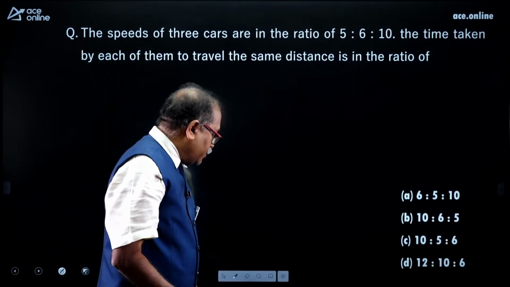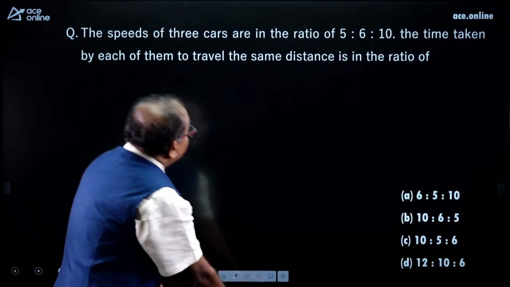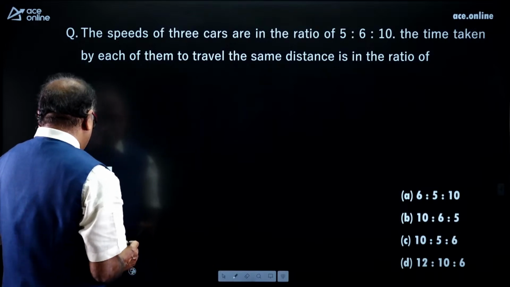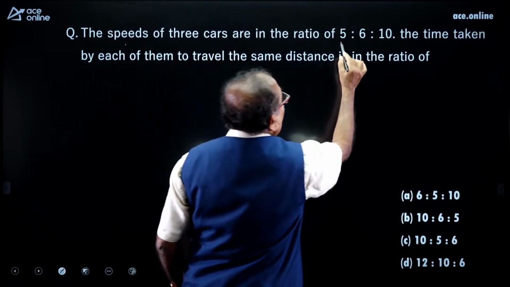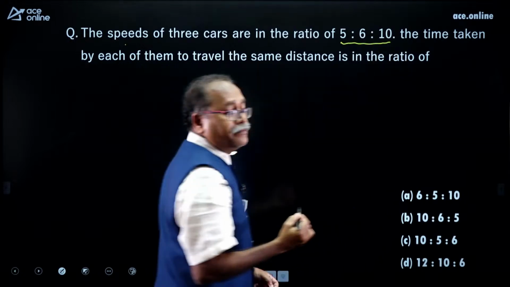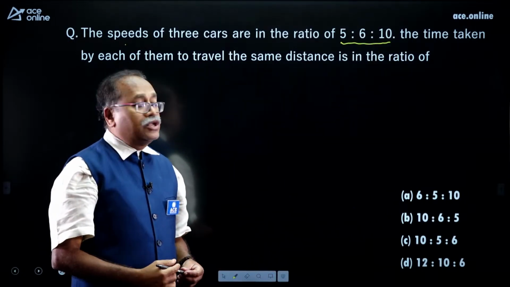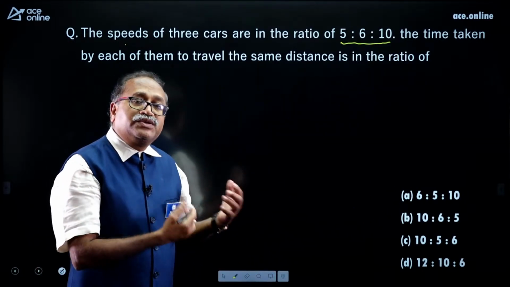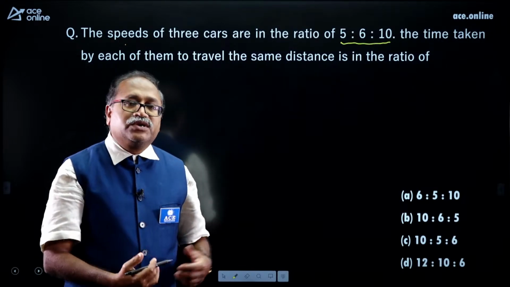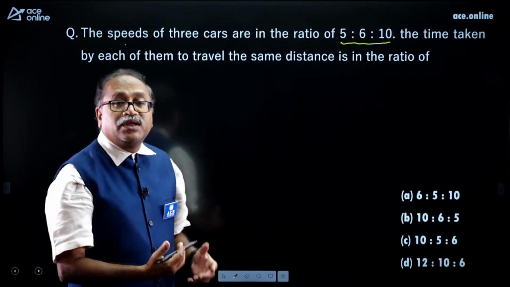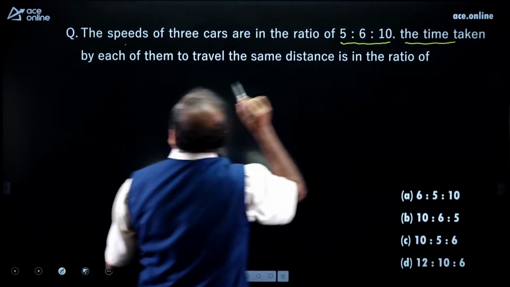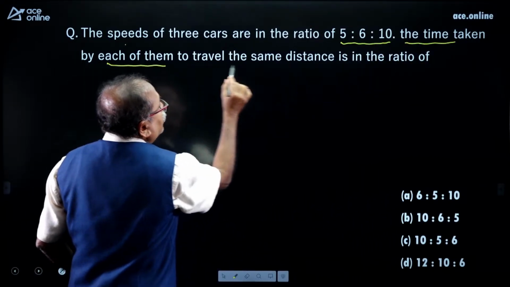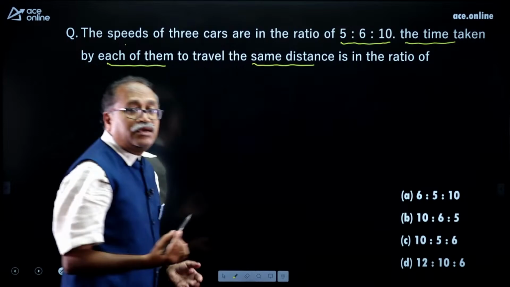Okay, come on. My friends, what is this question all about? The speeds of 3 cars are in the ratio of 5:6:10. I am not trying to teach you something over here. In the process, you are just practicing different types of frequently asked questions. So the speed ratio is given. The time taken by each of them to travel the same distance is?